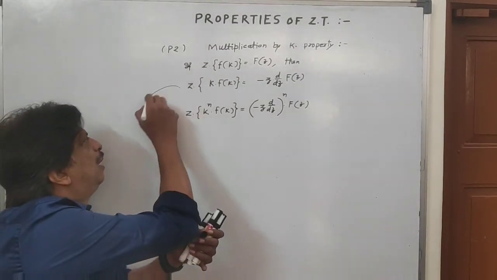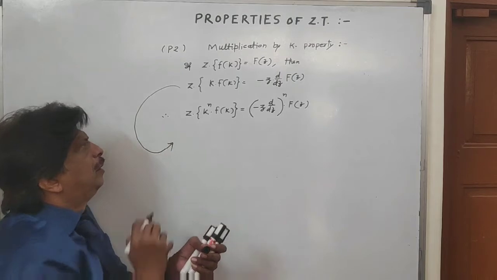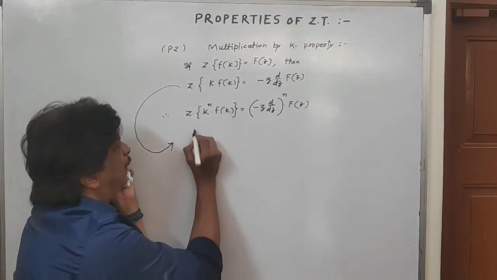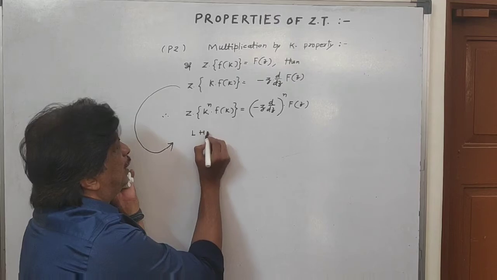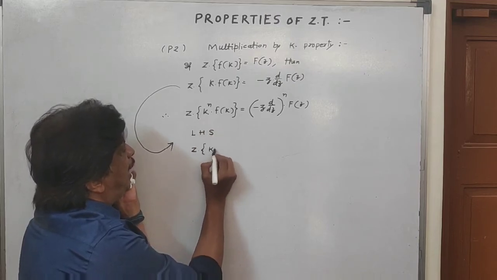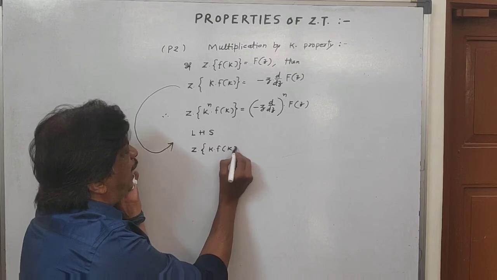Again I shall prove this property. What is left hand side? Z transform of k into f of k.